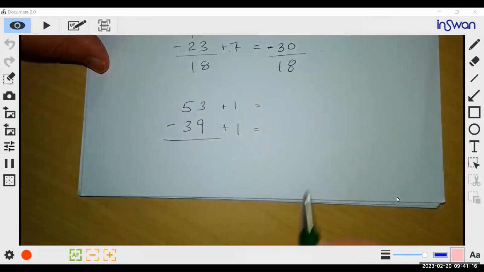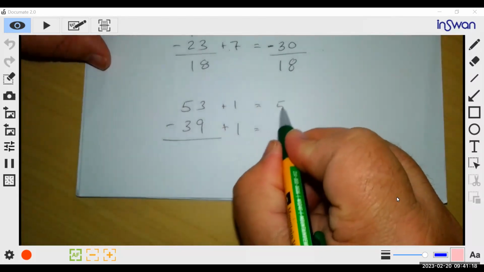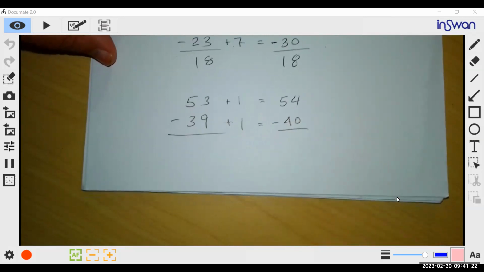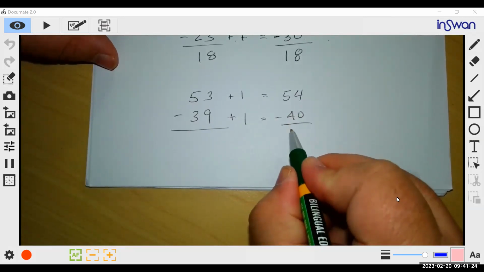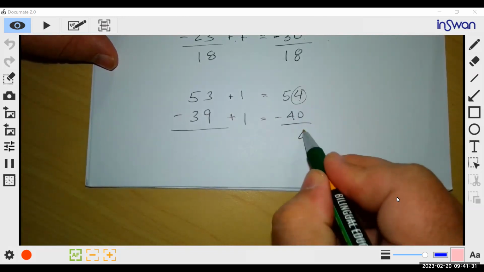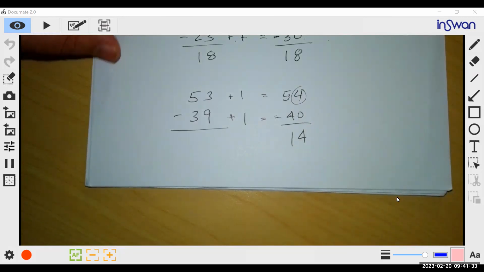What do we get? 54. 54 minus 40 is, in other words, this number will come straight down. 5 minus 4 is 1, so 14.